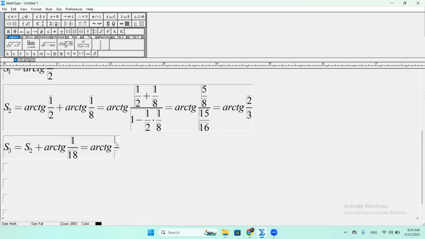So calculating again using the previous formula. Adding arctangent of 2 over 3 plus arctangent of 1 over 18.